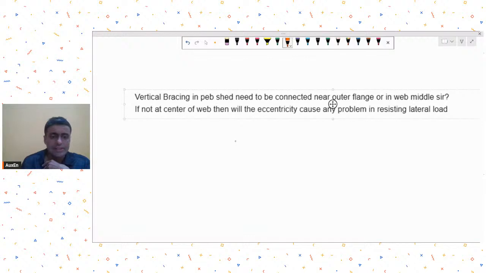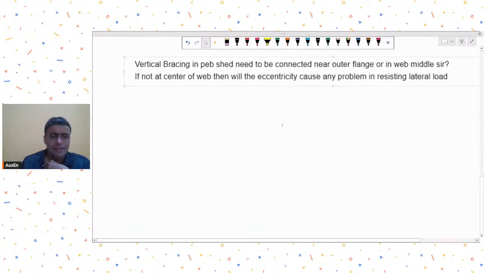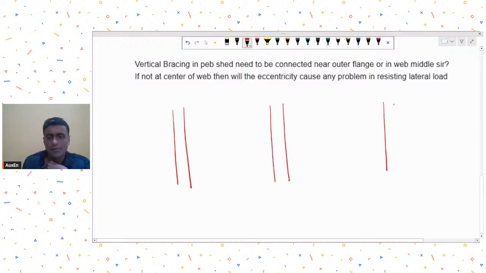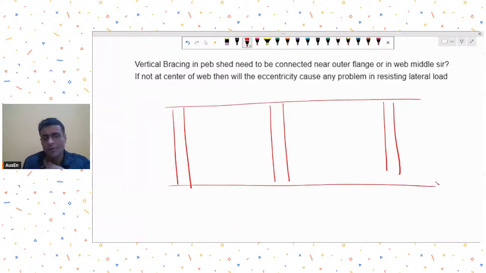Okay, so I guess his question is, let's say I have a column over here. I'm drawing the front elevation. Let's say this is my column, and let's say I have a bracing provided over here.